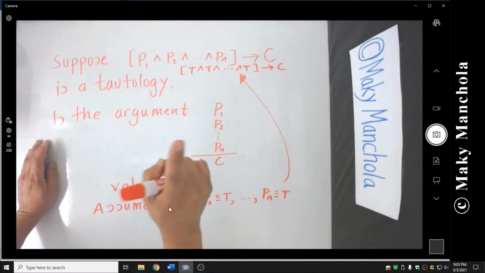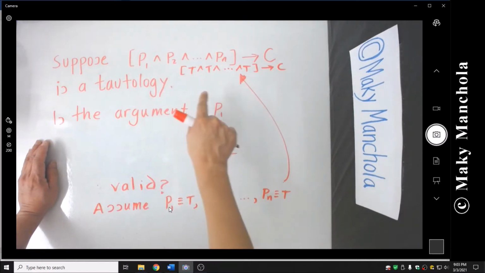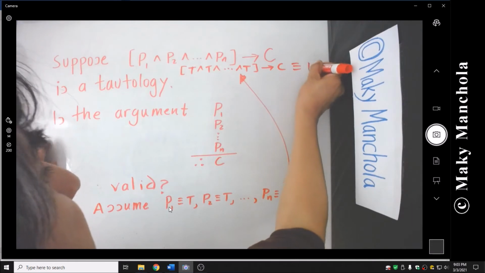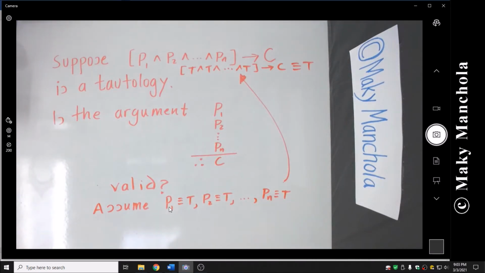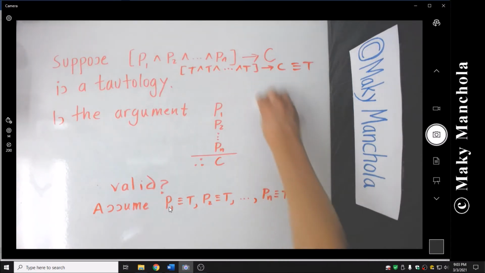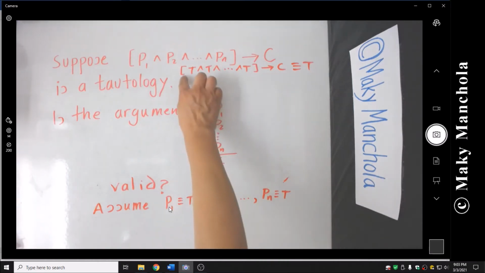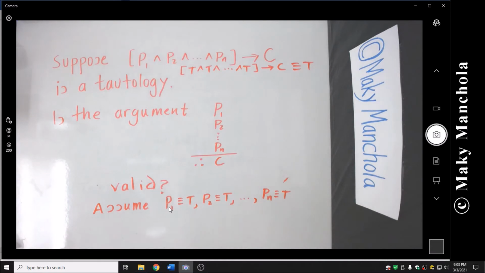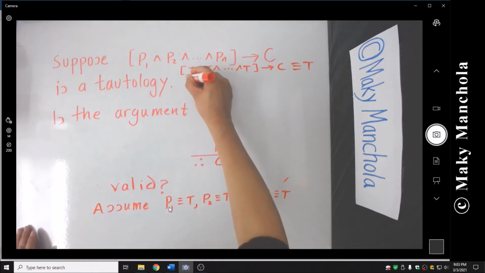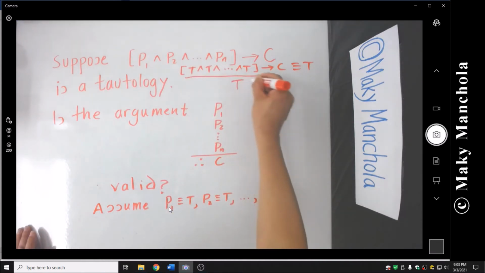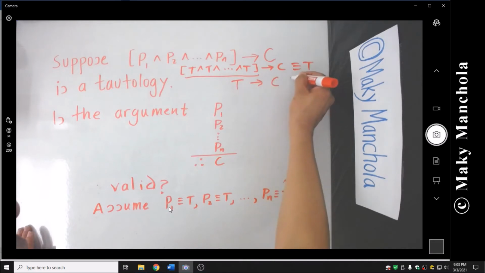Now, since we're saying that that's a tautology, that means the result is true. Now, let's calculate. We know that the conjunction of all true is true. So that's true implies conclusion, which is logically equivalent to true.